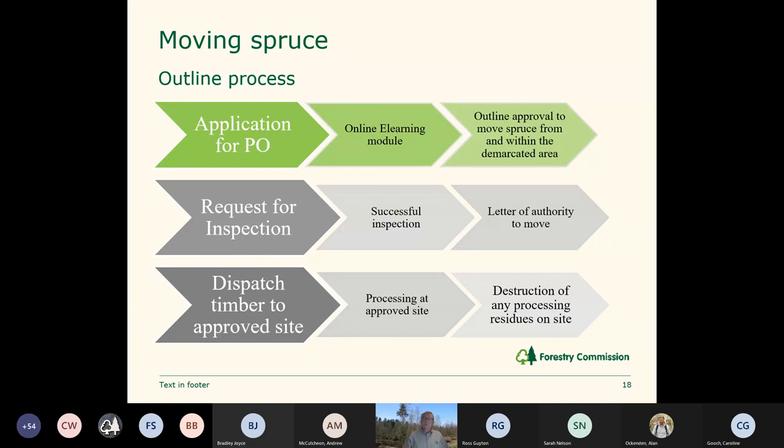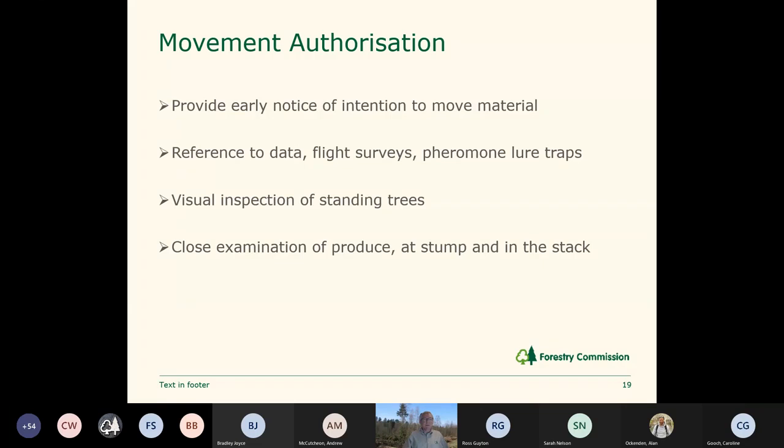The movement authorization really provides us with an early intention of the movement of material. It gives us an opportunity to reference other data that we have in terms of other survey work, flight surveys, and data from pheromone lures that we have within the demarcated area.